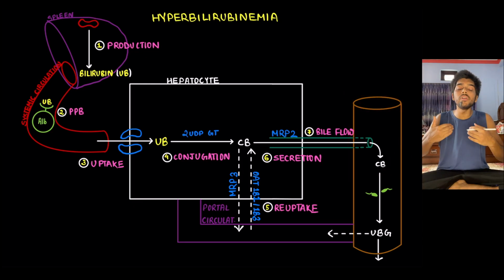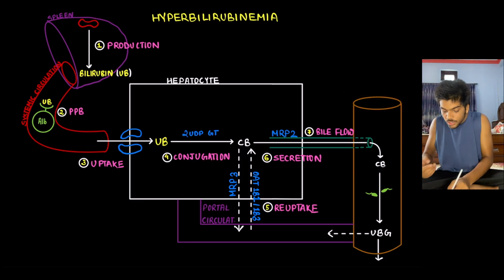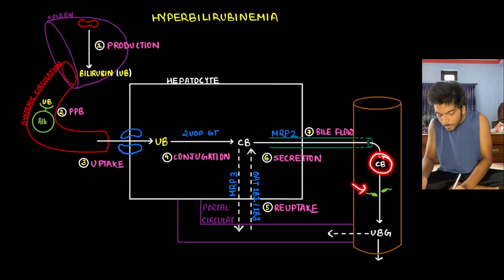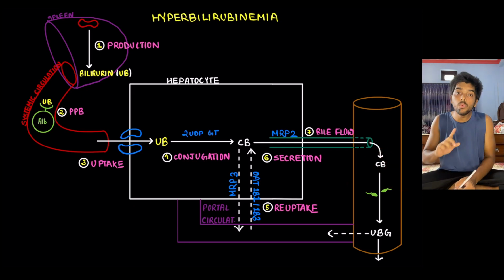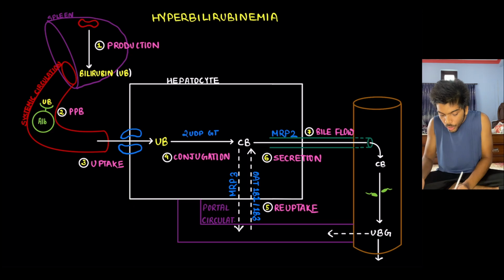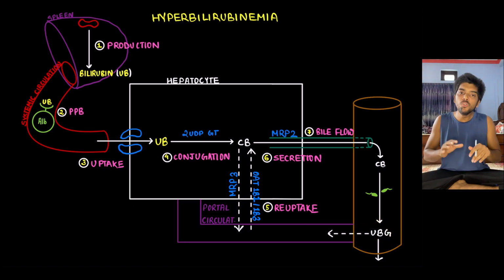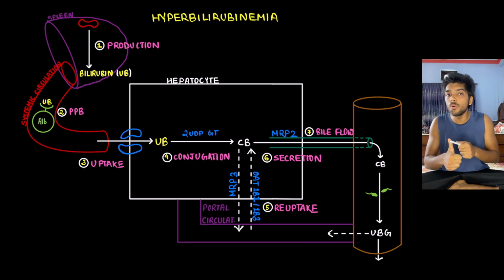Then within the gastrointestinal tract, the conjugated bilirubin is acted upon by the gut bacteria, which metabolize it into urobilinogen. The urobilinogen is excreted out of the body, number one, through feces in the form of stercobilin, which gives feces its characteristic brown color, and number two, through urine in the form of urobilin, which gives urine its characteristic yellow color.